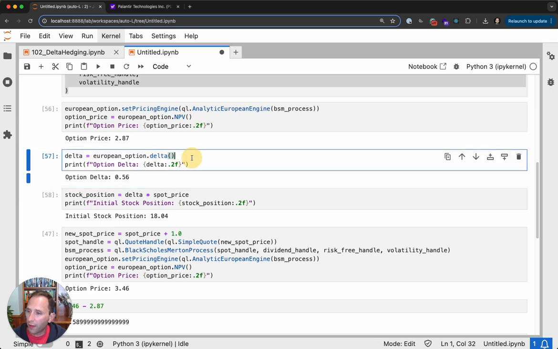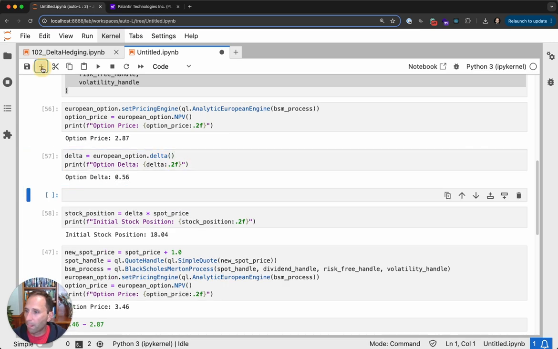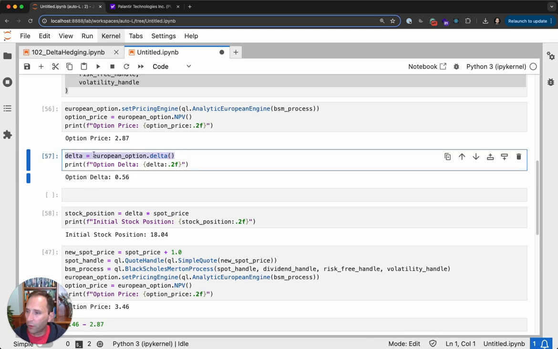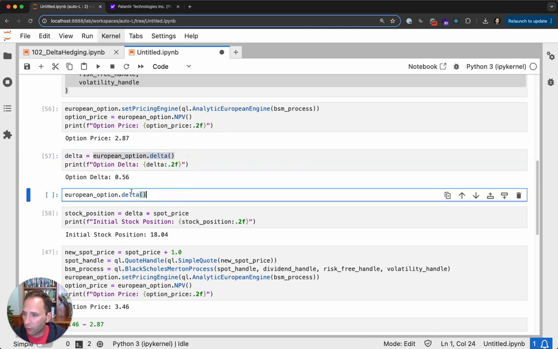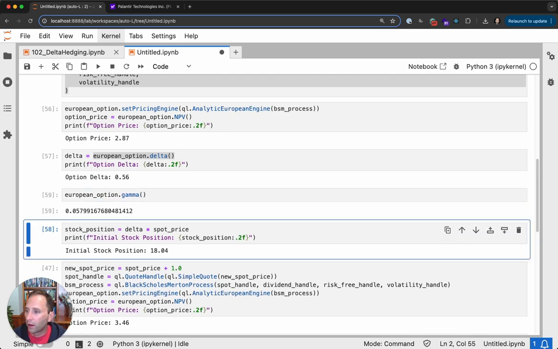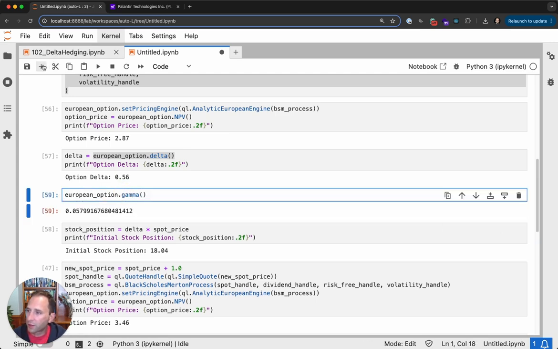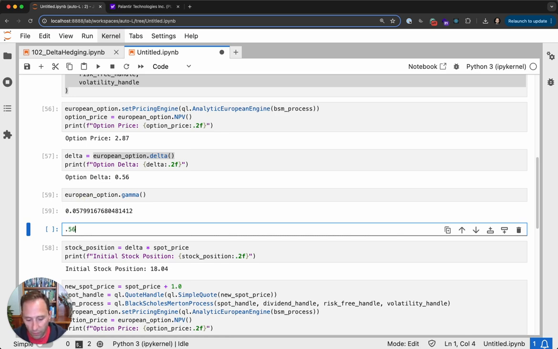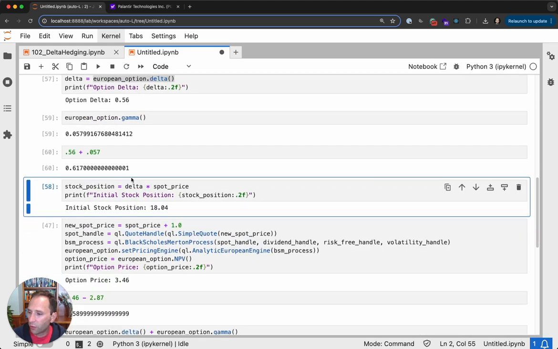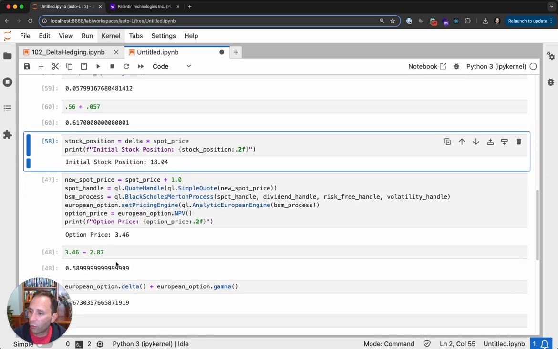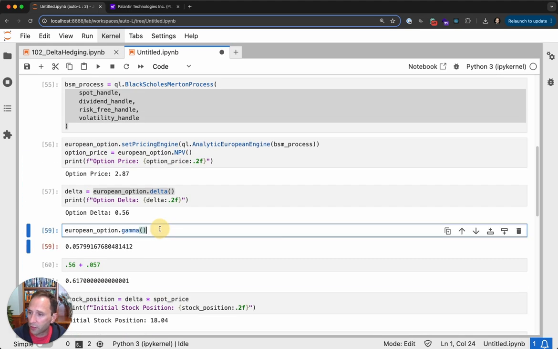Our original gamma, I'm digressing a bit from my conversation, but I want to try to prove a point here, is 5 cents. So 56 cents plus 0.057 is 61 cents, which is approximately what we're seeing in the difference in the option price when the stock price moves, okay?